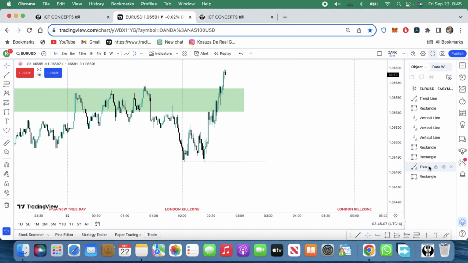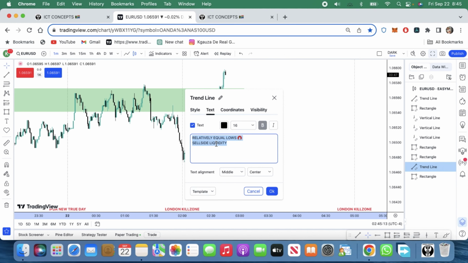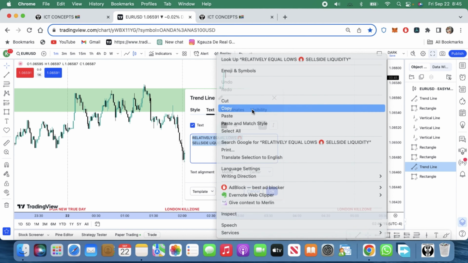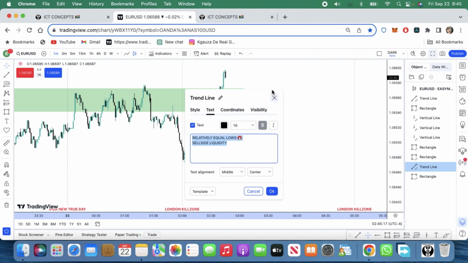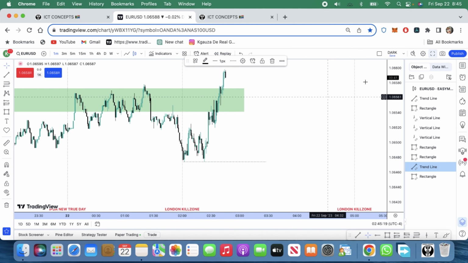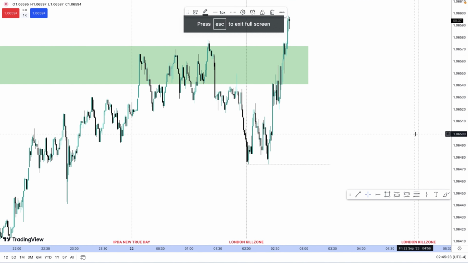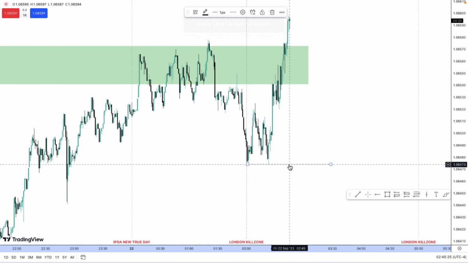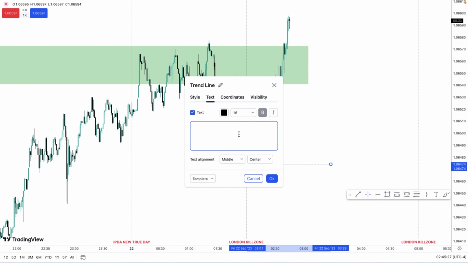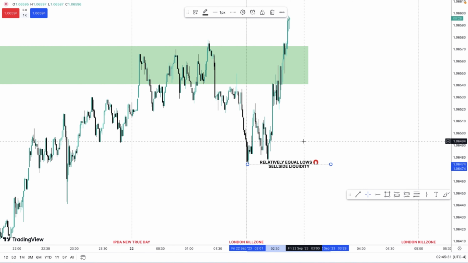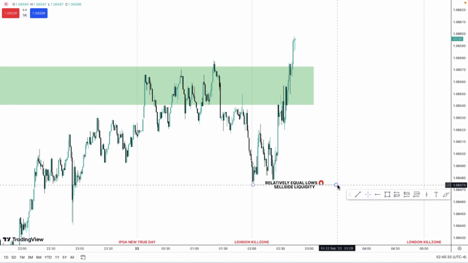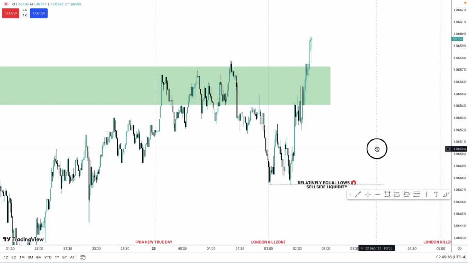Just because we have a daily bearish bias does not mean that we expect price to just print red candles the whole day from 12 until 3 p.m. It just means that for the day we have a bearish daily bias.